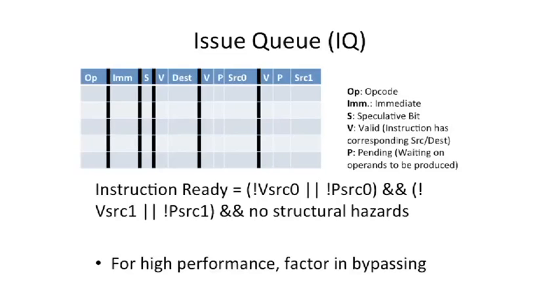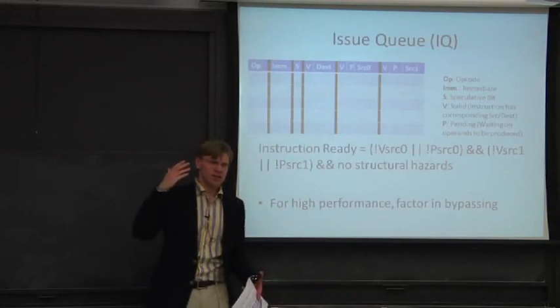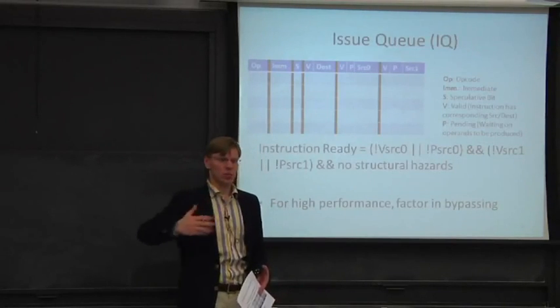Now, the reason we have to keep the pending information and the validity information separate, and why we need both, is that it's possible that multiple instructions could light up simultaneously as being ready to go. So if you have, let's say, 2 instructions that are both dependent only on register 5, and register 5 is not ready, it's the destination of a multiply.